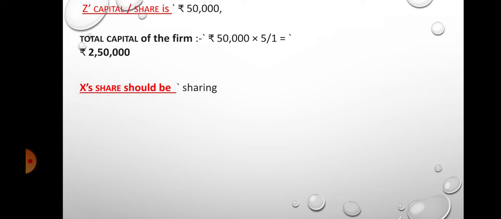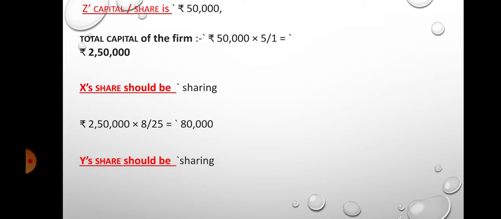Then X's share should be 2,50,000 into 8/25, equal to 80,000. Y's share should be rupees 2,50,000 into 12/25, equal to rupees 1,20,000.